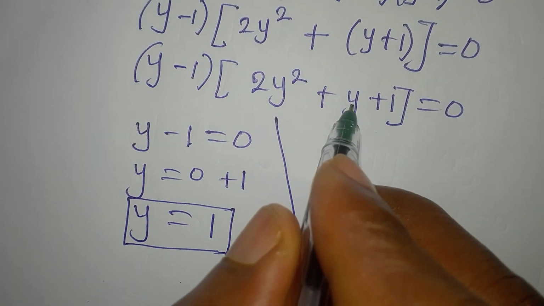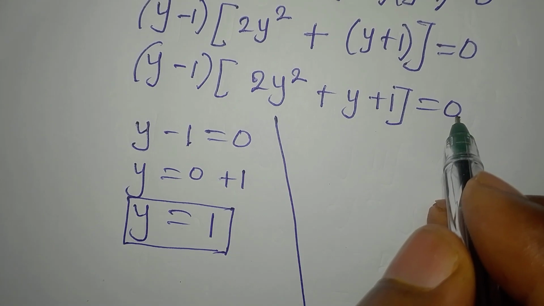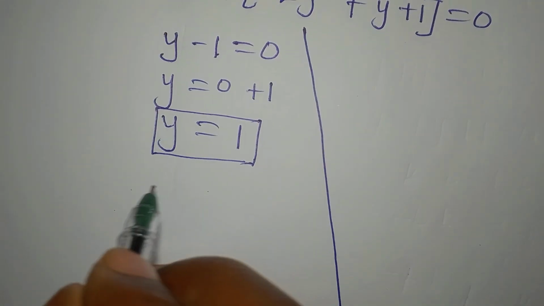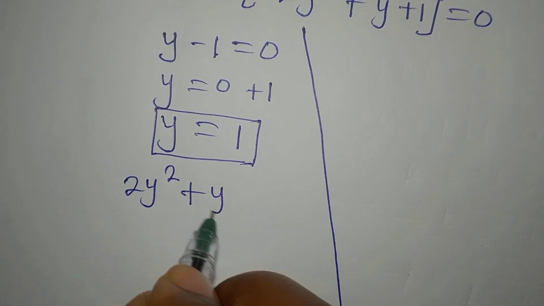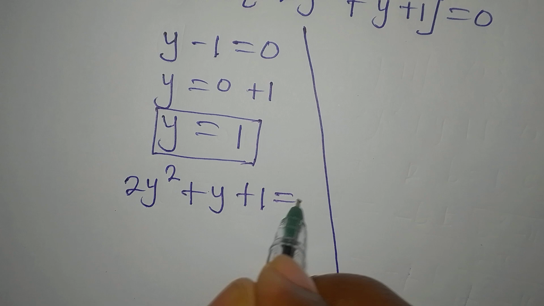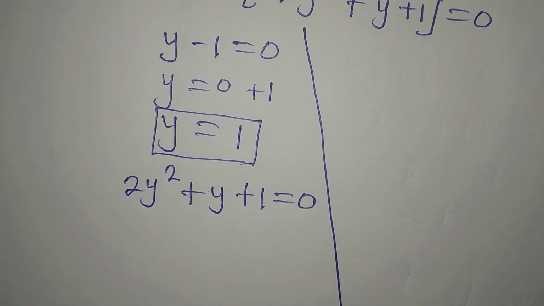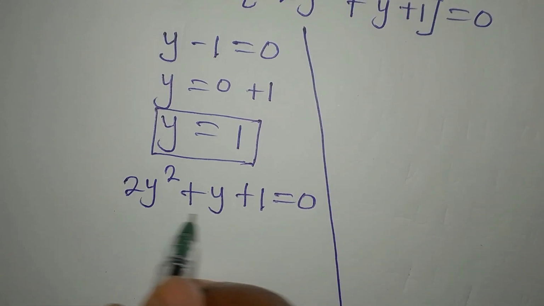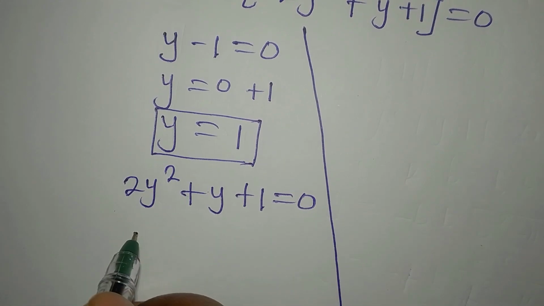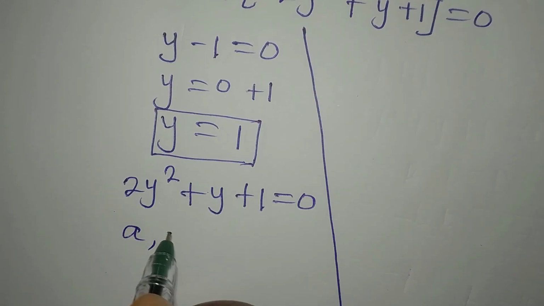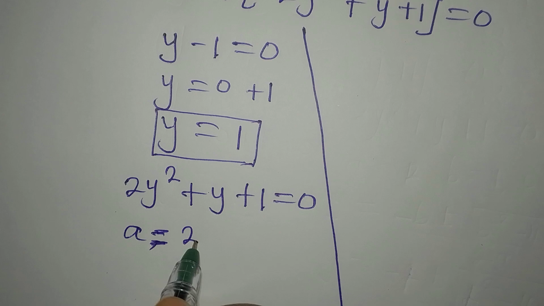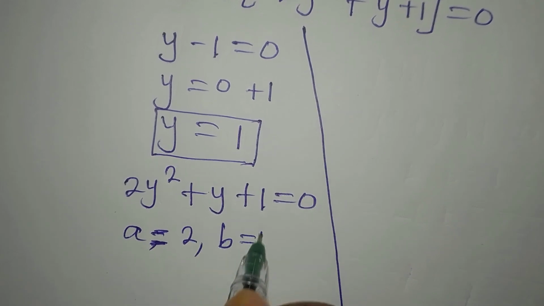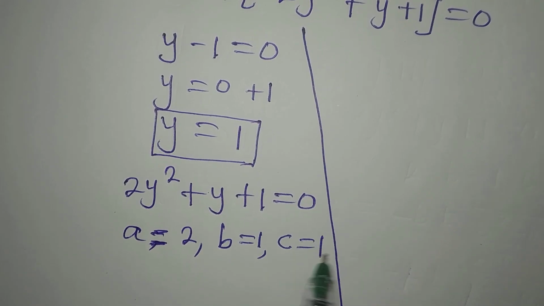Okay, so this is a quadratic expression. We have to equate it to 0. So I will do that here. We have 2y squared plus y plus 1 equals 0. Do not forget that we will use the quadratic formula for this, and that has a, b, c. By the way, our a is 2, our b is 1, and c is 1.